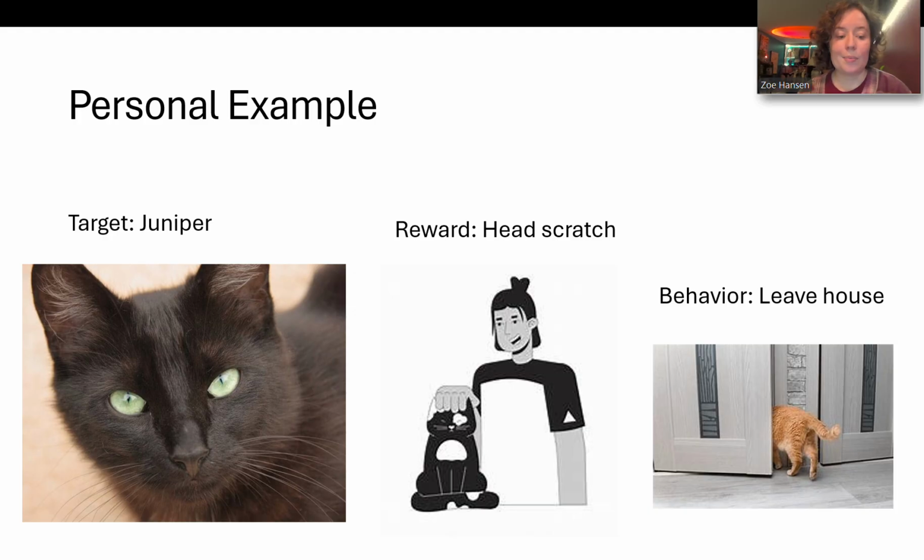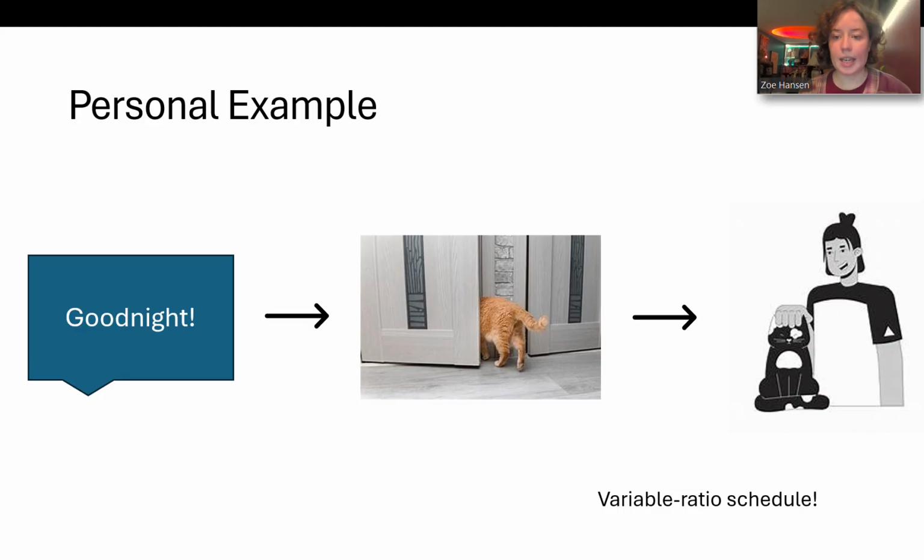So, therefore, we created a kind of schedule to try to reinforce this behavior. In this case, after every single time we say to Juniper, "Good night," then if Juniper does choose to leave the house, we reward him with a head scratch.